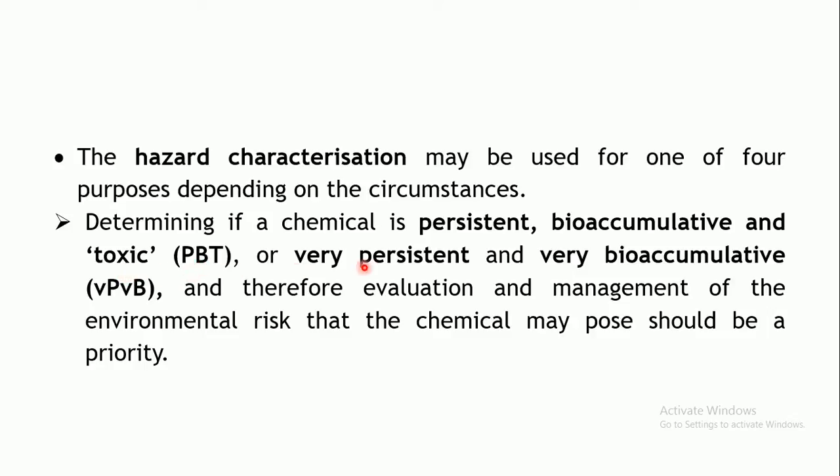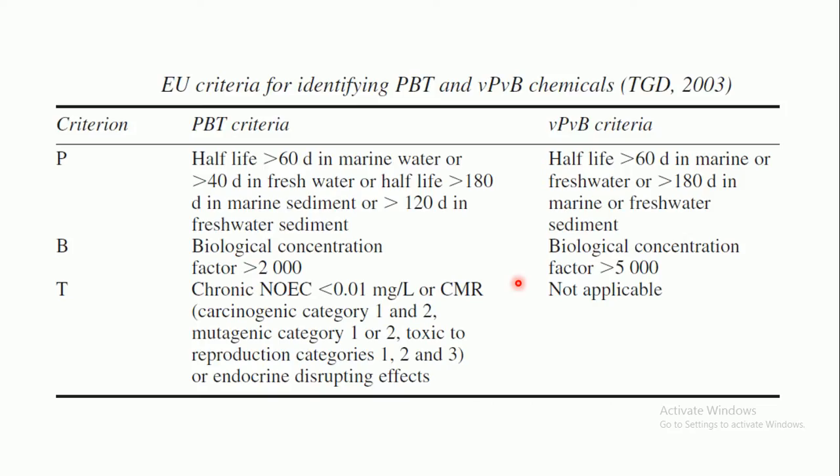Categorization can also be done on whether that chemical is very persistent and very bioaccumulative. This information may be utilized for further handling of that chemical. So what are the safety aspects about this particular chemical? If it is categorized in any one of these criteria, it can be potentially harmful.